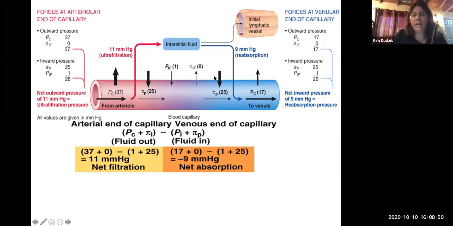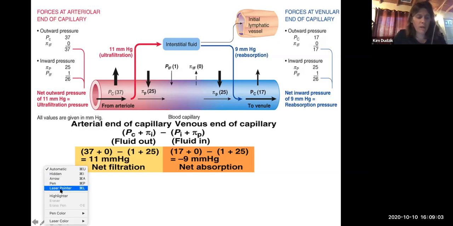But on the venule end, the hydrostatic pressure falls, but the colloid osmotic pressure does not fall. Just realize you can't see what I'm pointing at. At the venule end, the hydrostatic pressure falls to 17 compared to what it was on the arterial end, 37.